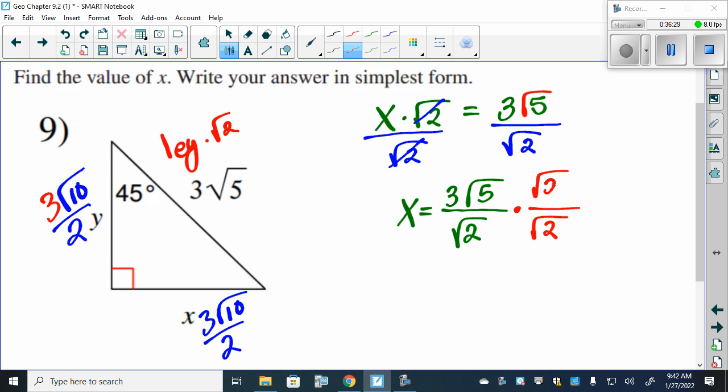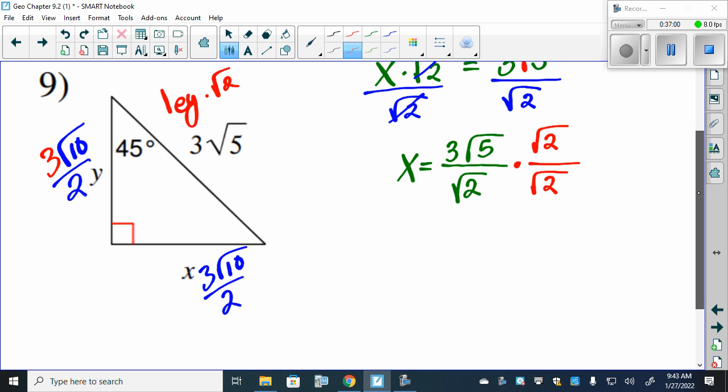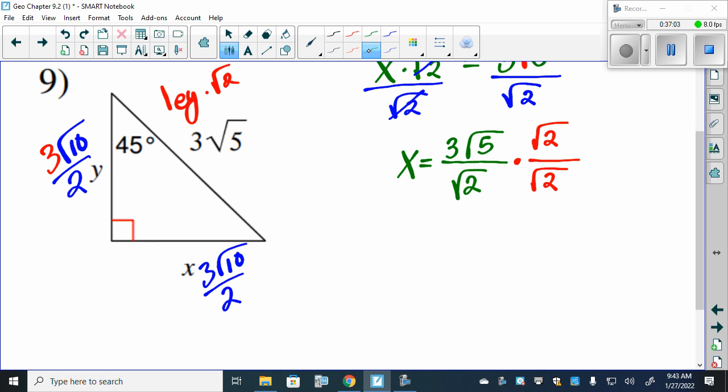Well, we're also going to multiply it by the numerator. And this seems a little weird why we can do this, but what is the square root of 2 divided by the square root of 2? Which is 1. Because anything divided by itself is 1. So what are we really multiplying this fraction by? 1. Multiplication by 1 doesn't change anything. It's just going to change how it looks.